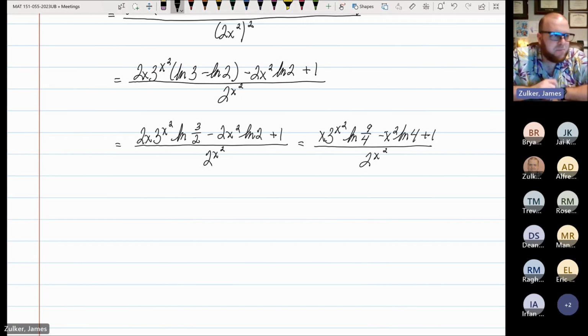And then I can use that property of logs. 2 log of 3/2 is the same as log of 9/4. 2 log of 2 is the same as log of 4. So I can use those to simplify further.